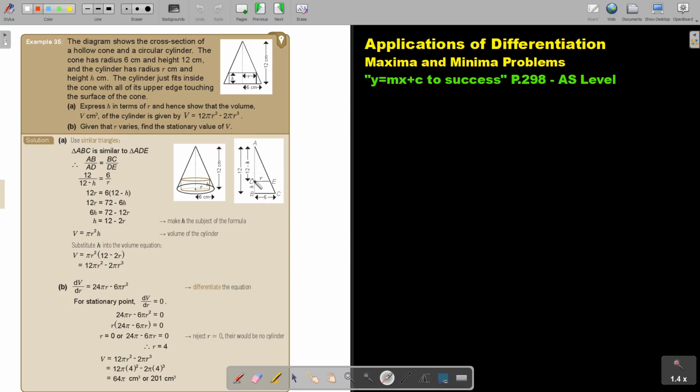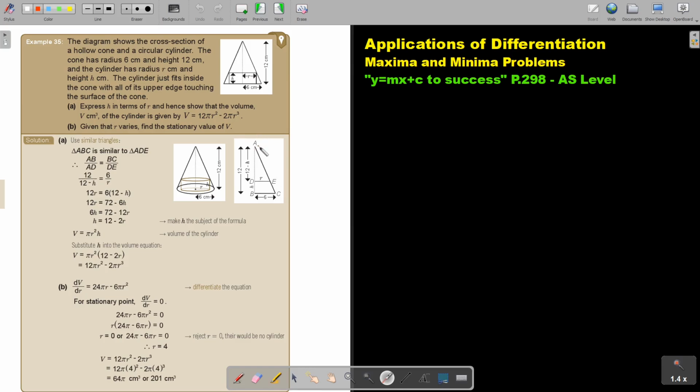So that piece will be 12 minus h, and that's r and that's h. Okay, so in triangle ABC, this big triangle is similar to ADE, this smaller one.